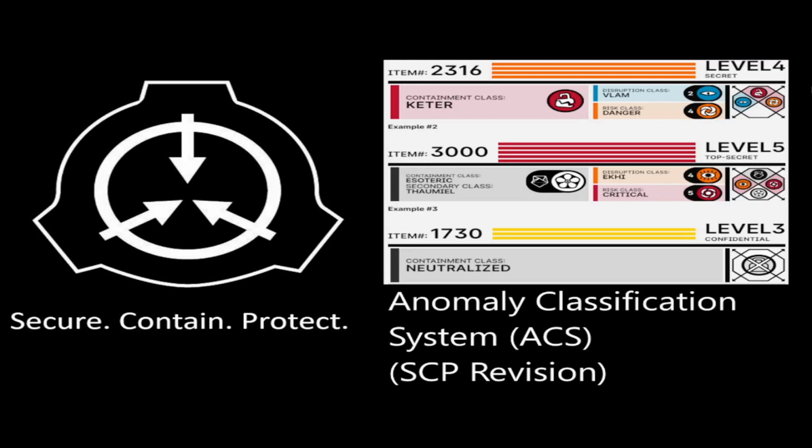These new classification diamonds will be posted on the exterior of containment cells of anomalous entities and artifacts to provide an efficient and consistent communication of all applicable challenges. The purpose of these changes are to provide better communication between our classification officials and our boots-on-the-ground containment personnel.